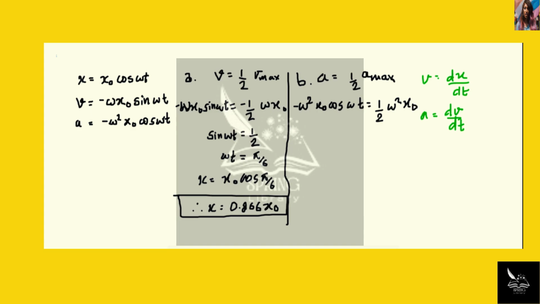If you compare the LHS and RHS, ignoring the negative sign, cos omega t seems to be equal to 1 by 2. Now plug this into the expression x is equal to x naught cos omega t, so x naught into half. Therefore x is equal to 0.5 x naught. At this position the acceleration would be half.